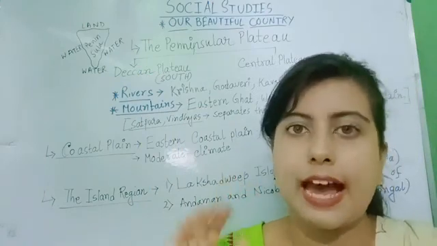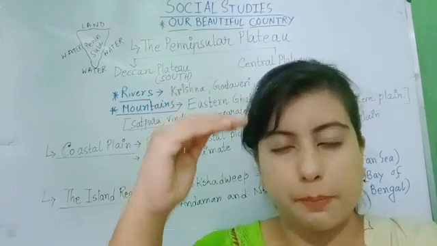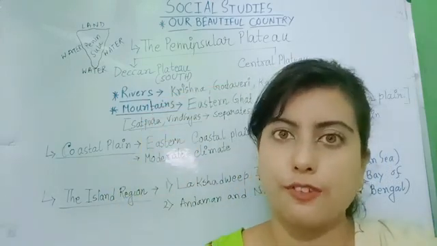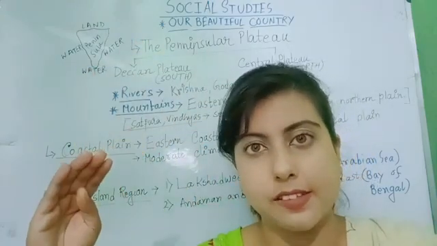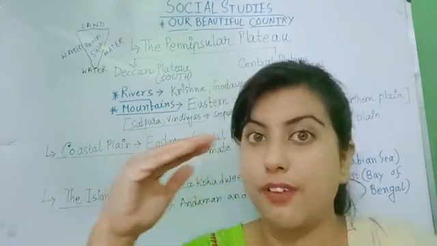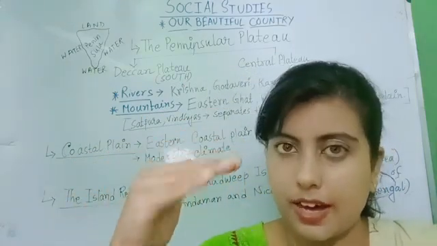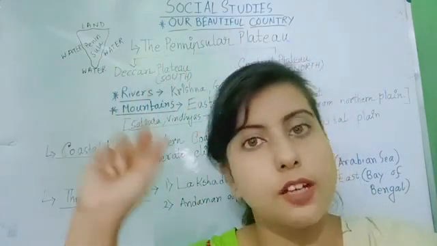Vindhyas and Satpuras, they divide the Peninsular Plateau from the northern plain. So this acts as the barrier. This acts as the divider. This divides the Peninsular Plateau from the northern plains.